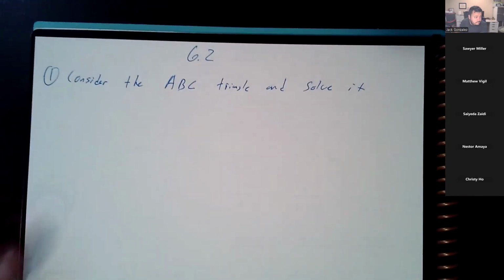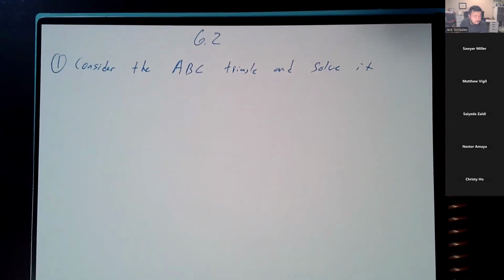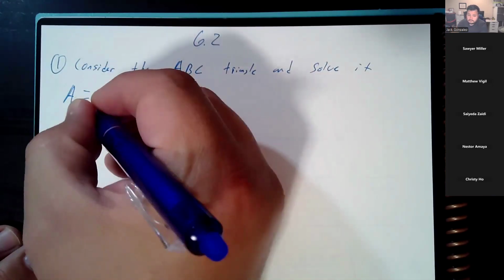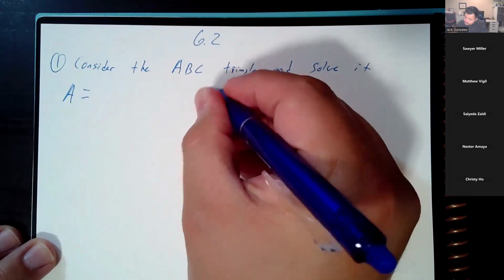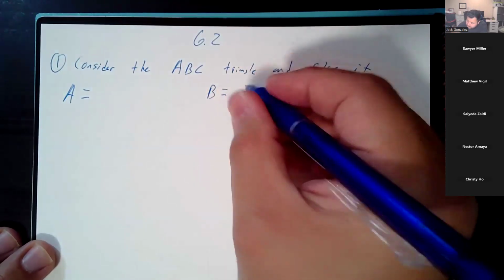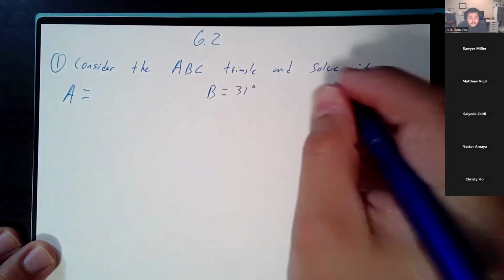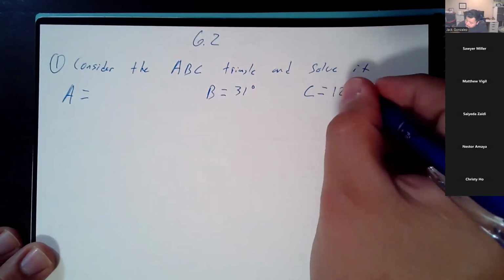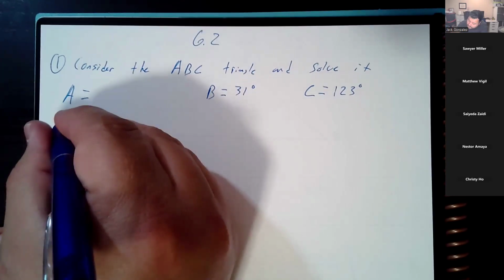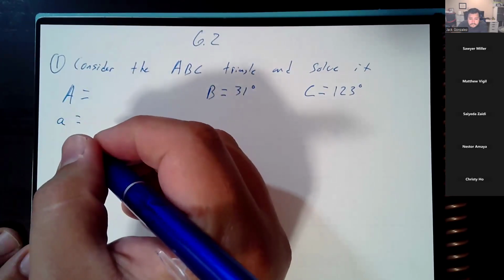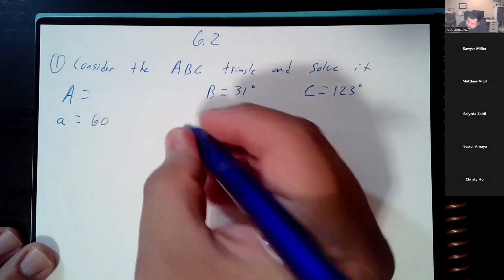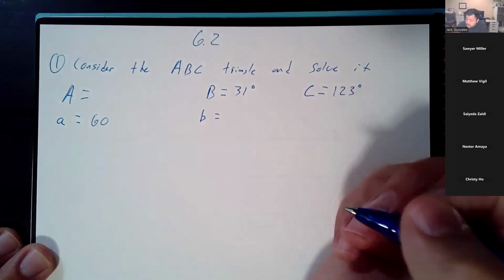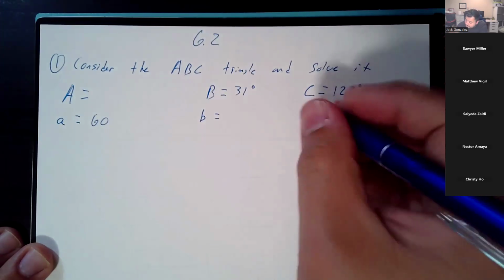Trying to shorten this up. They did not give me A. They gave me capital B, gave me capital C, lowercase a, lowercase b was not given. I think that's it. That's all they gave us.